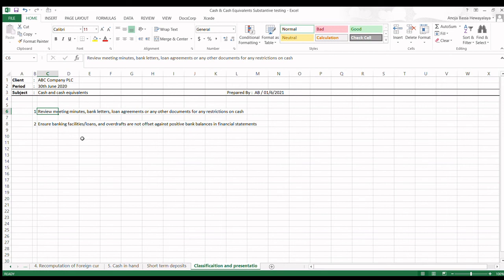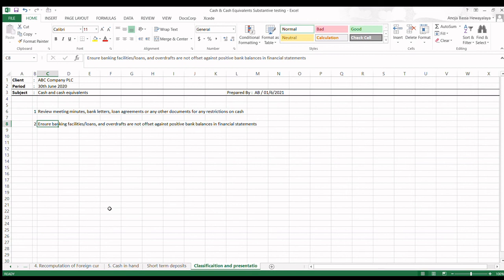Just have a look. And also ensure banking facilities, loans, and overdrafts are not set off against the positive balance in the financial statements, to verify that management is giving a clear presentation of the financial statements.